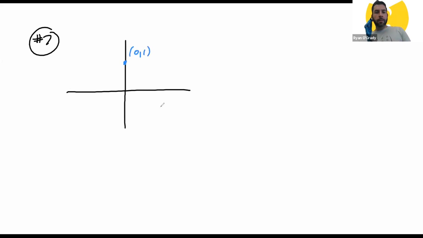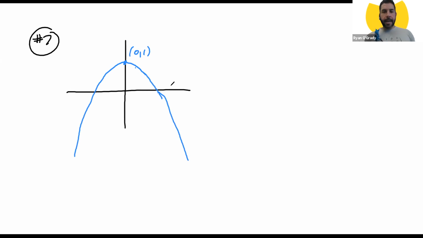Here's a sketch of this thing. Now, I could actually determine these points. When does this equal 0? The function we have is y equals 1 minus 1/2 x squared. So this thing equals 0.